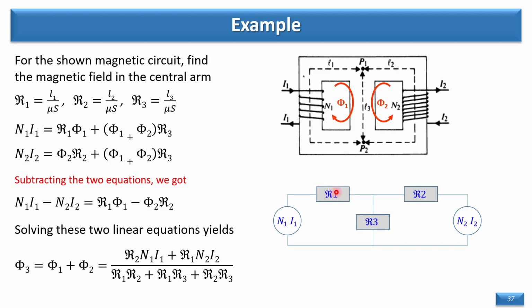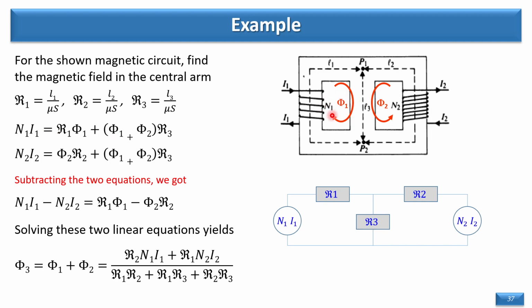The reluctance depends on the length of the arms, the sum of them. R3 is for the length of this arm, and the other arm length is L1 plus L3. This arm length is L3, and this arm length is 2L2 plus L3. The notation is that this is L1, this whole length is L2, and this length is L3.